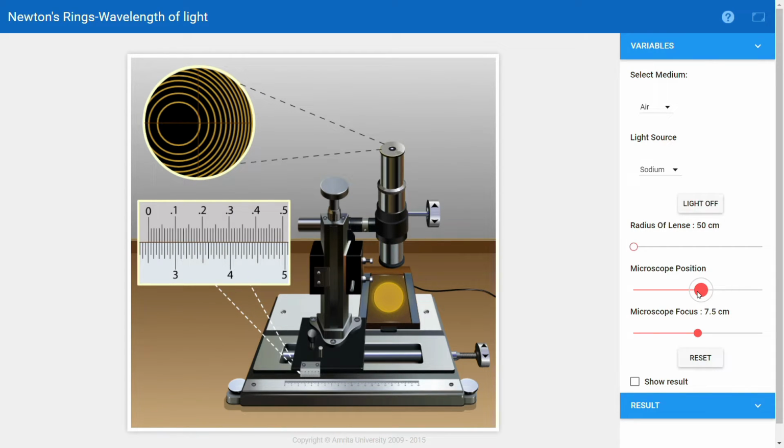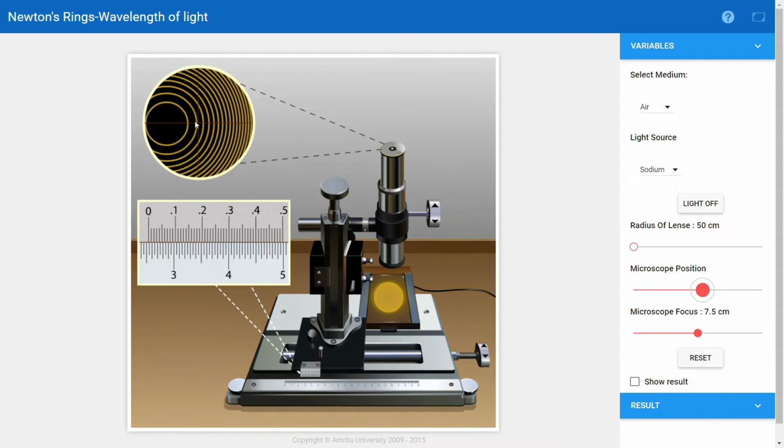Now you will see that we are at the boundary of the bright fringe and the dark fringe. From here we get the one-side measurement of the boundary of a circle. Now we don't have to use this central fringe. We should start with D2, meaning the second order dark fringe.